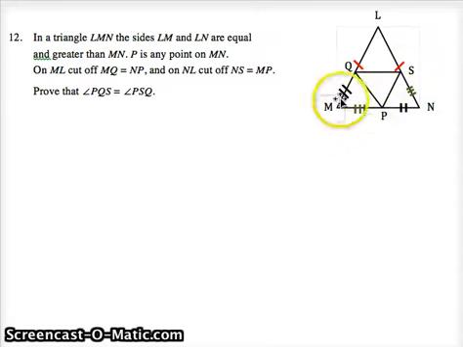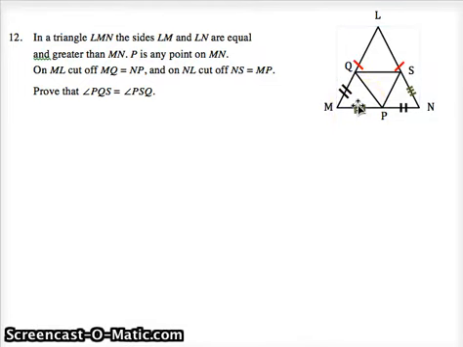So it's looking promising to prove that triangle MQP is congruent to triangle NSP, because you've already got two sides that are equal to each other. We either have to find this third side for SSS, or perhaps this angle down here at angle M. If angle M equals angle N, then we'll have side angle side.